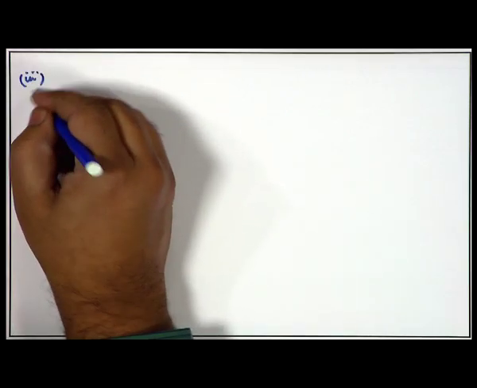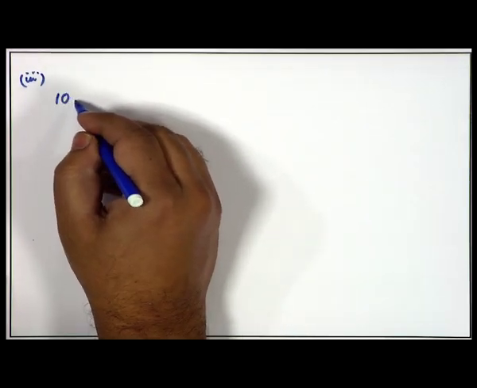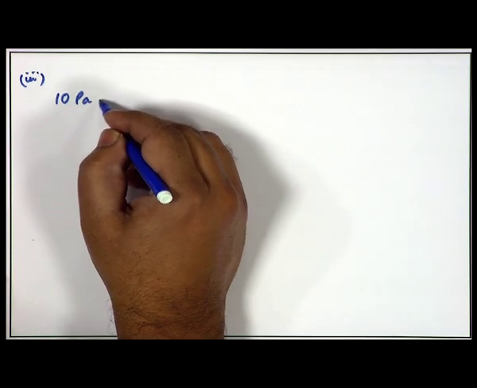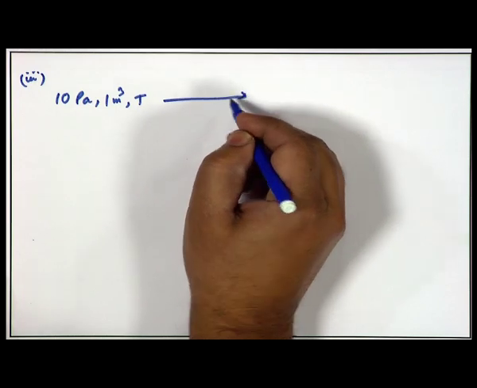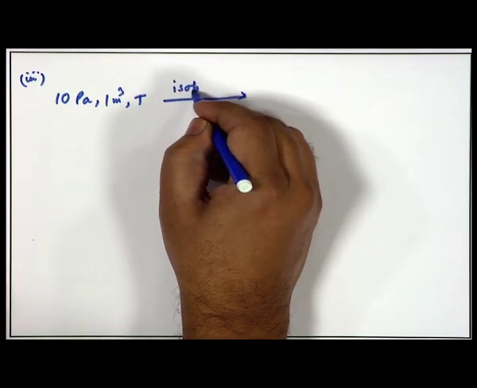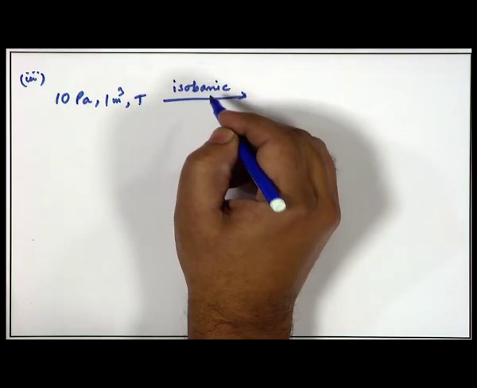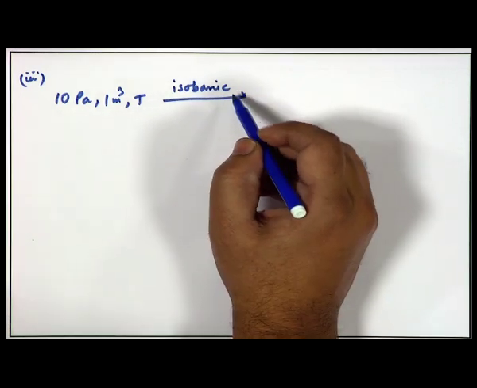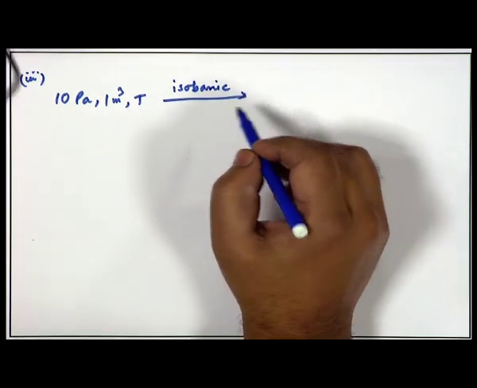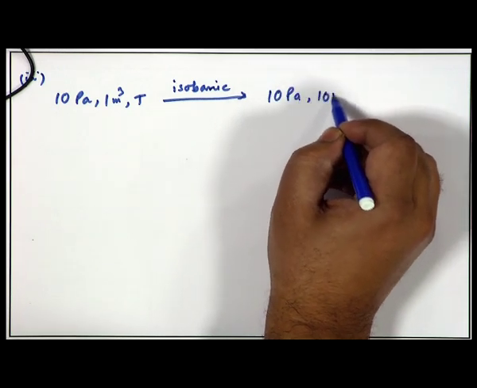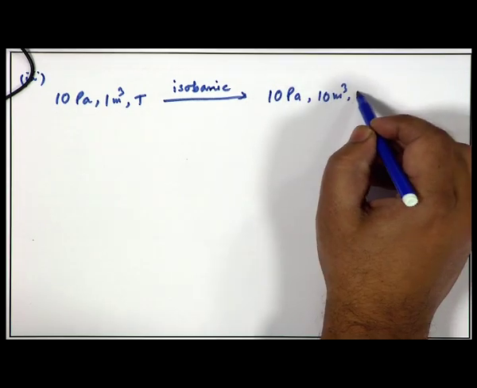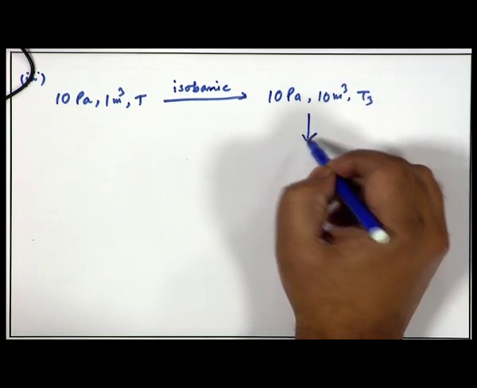So, in the third case I can do the other way around, 10 Pa, 1 meter cube. Now, I just reverse the steps. Earlier, in the last example, I did it isochoric, isobaric. Now, in this case I am doing isobaric followed by isochoric.